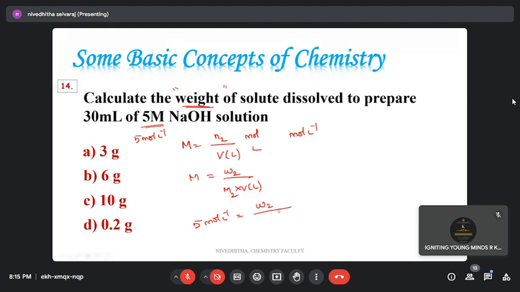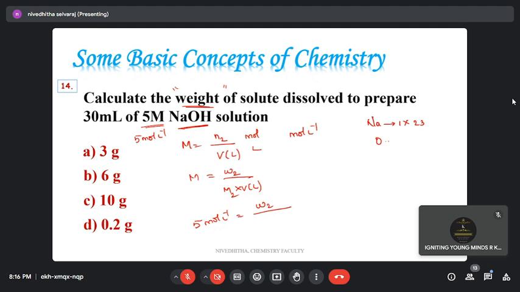And what is the molecular weight of solute? The solute they are talking about is sodium hydroxide. Please let me know the molar mass of sodium hydroxide. What is the molar mass of sodium hydroxide? 40, ma'am. 40. Okay. Because we have only one sodium whose atomic weight is 23.